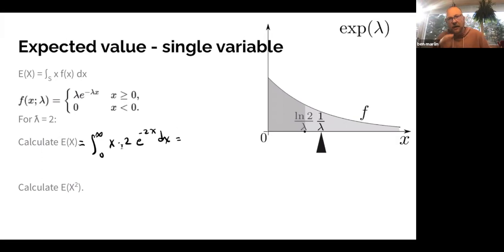I'm not going to switch windows and show you, because I might have to reboot my iPad again. I'm just going to integrate from 0 to infinity 2x e to the minus 2x. And the value that I got out here was 1/2, or 0.5, however you want to write it.